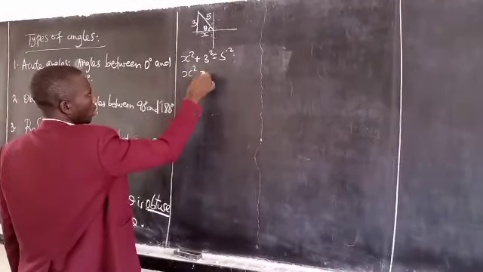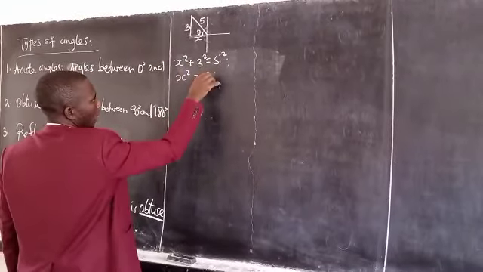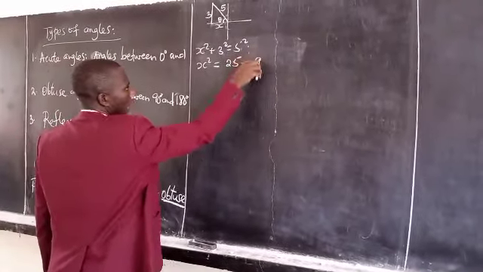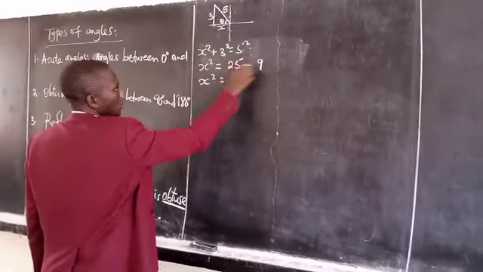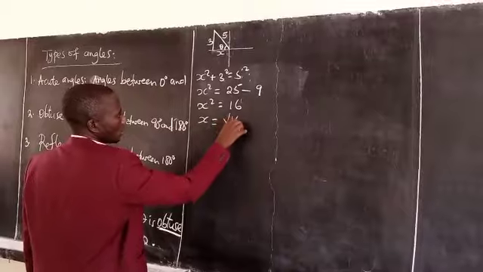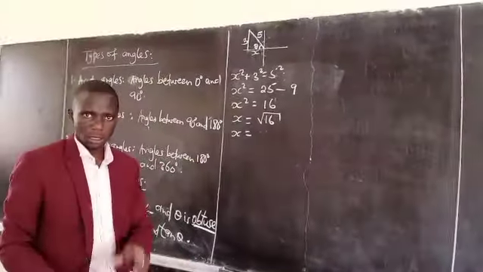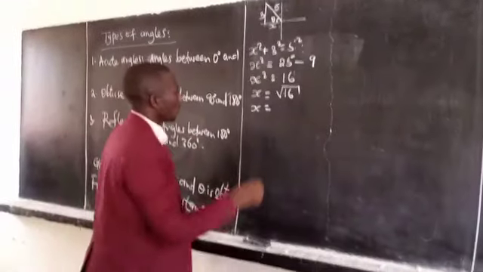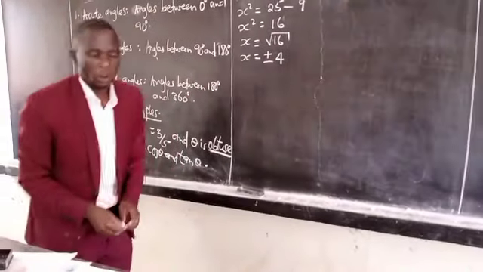So x squared equals, taking this one to the other side, 25 minus 3 squared, which is 9. So x squared equals 16. So what is x? You take the square root of 16, and x equals not just 4, but plus or minus 4.